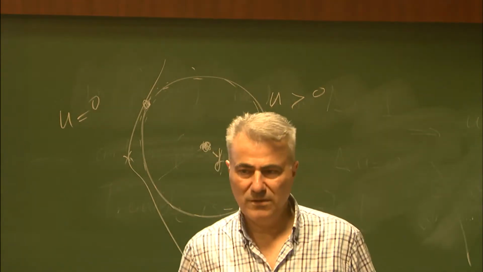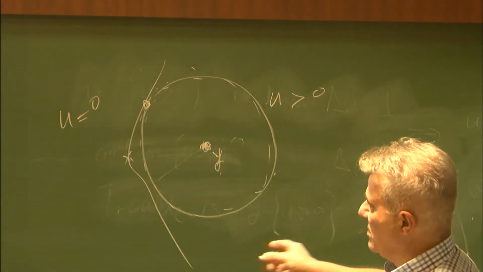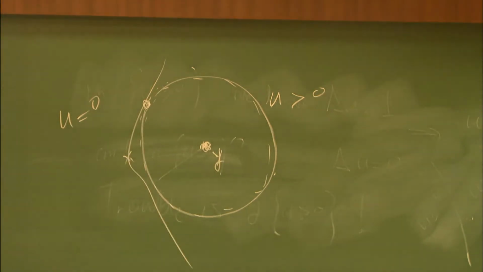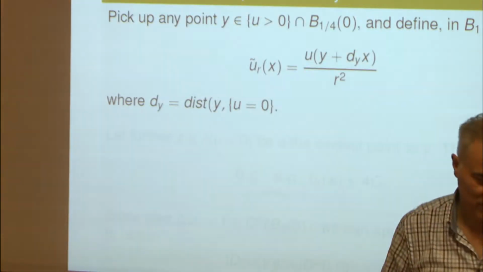If I take this ball, which has radius, let's call it r, this r is dy actually. We should have changed it.